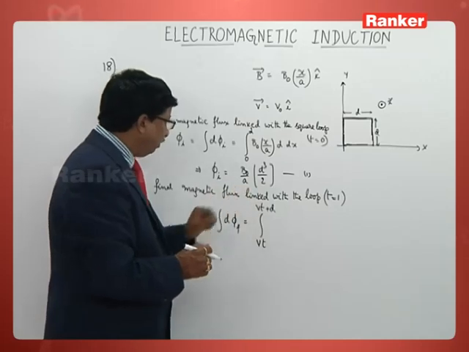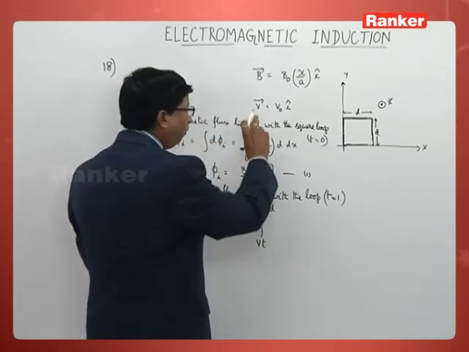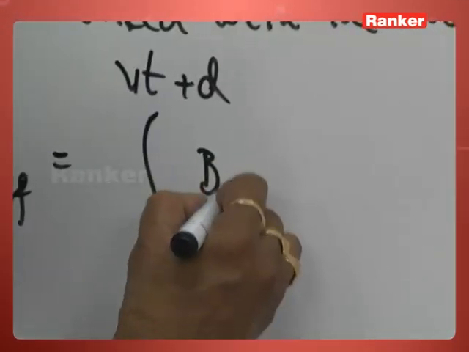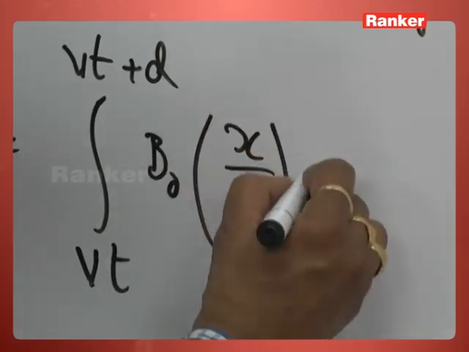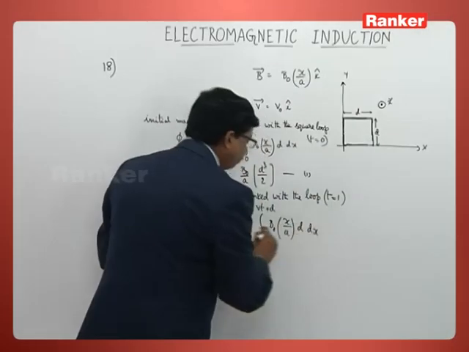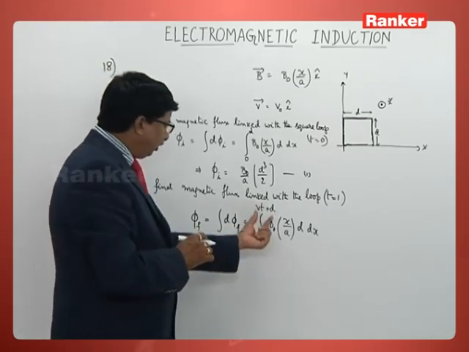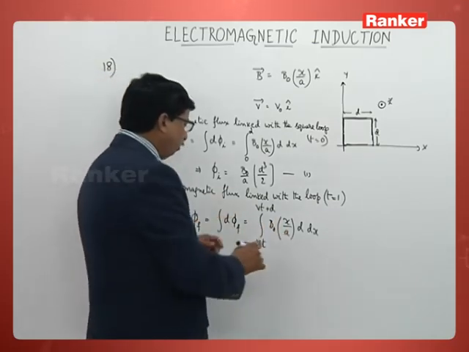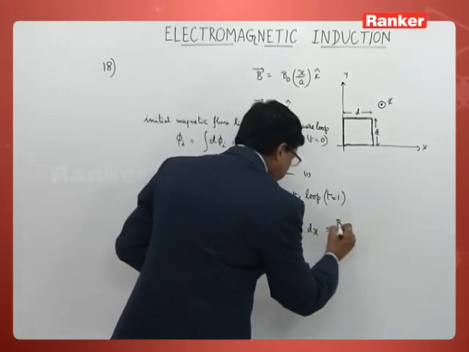Now this is integral between Vt to Vt plus d. What is that equation again? B naught into x by a into d into dx. You directly can rewrite the same equation this way. Once again you take b naught by a out.